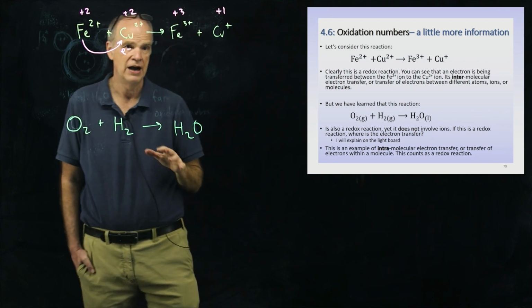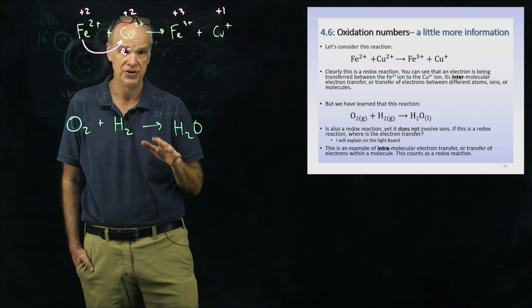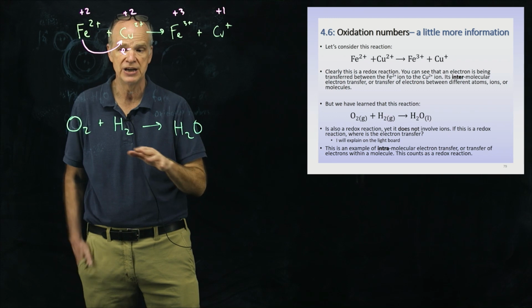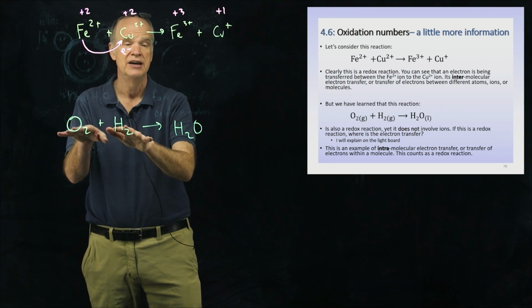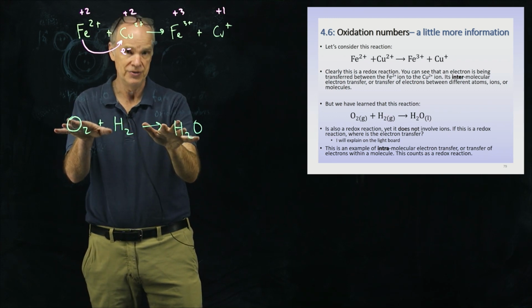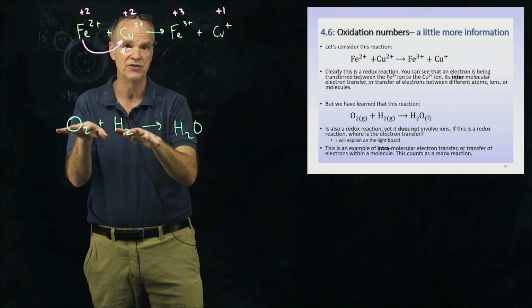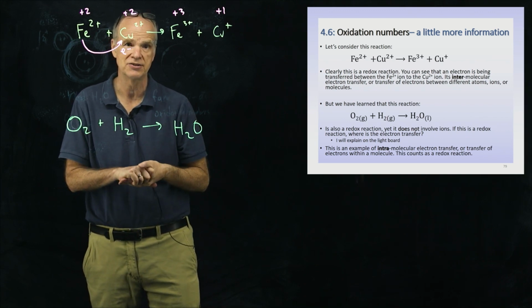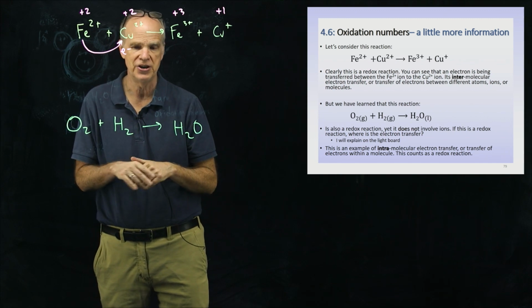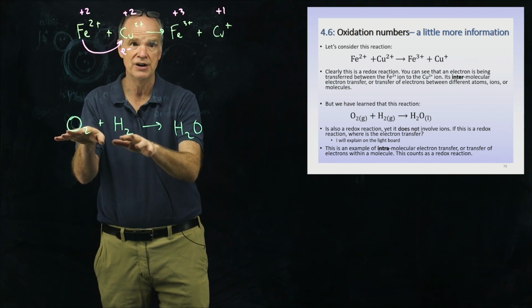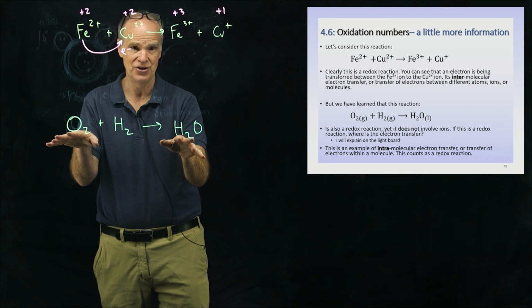Now, I think you can imagine that this is going to be a redox reaction. It's because you can imagine here that these elements all have oxidation numbers, and the oxidation numbers of the elements change as you go from reactants to the products. But here's the thing. We know that we're not dealing with ions here anymore.